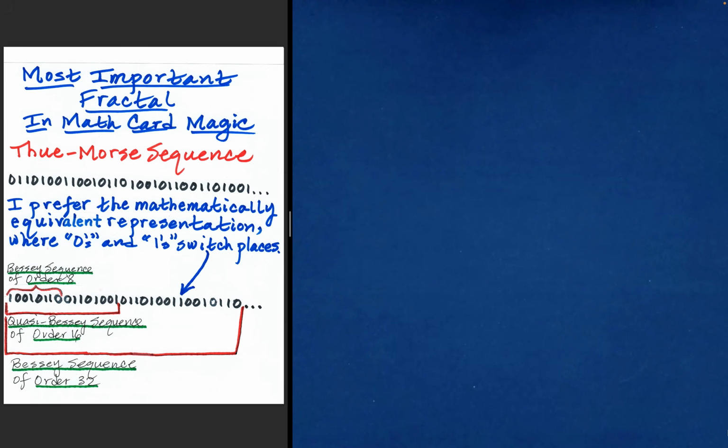Okay, so in my study of mathematical card magic, I discovered sequences that I've called either Bessey sequences or quasi-Bessey sequences. And I've worked with those for several years in my research.